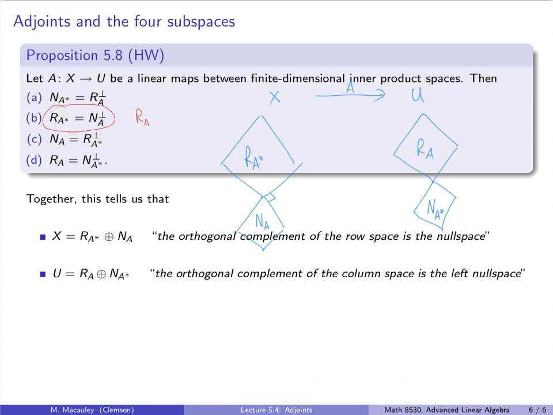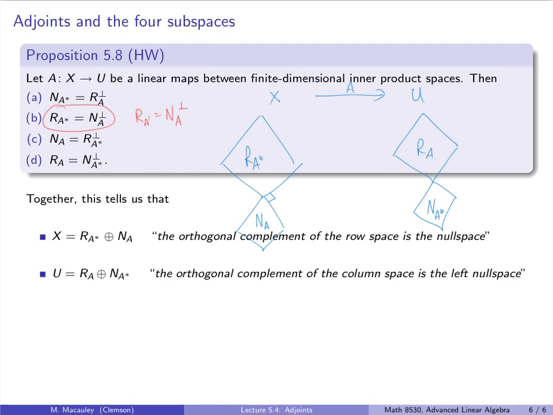So the range of A star was the annihilator of the null space of A. Remember that the annihilator, before we talked about inner products, was the set of linear functionals or covectors that vanished on this subspace.